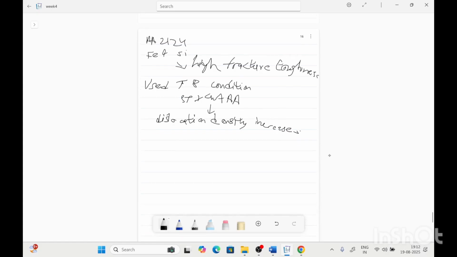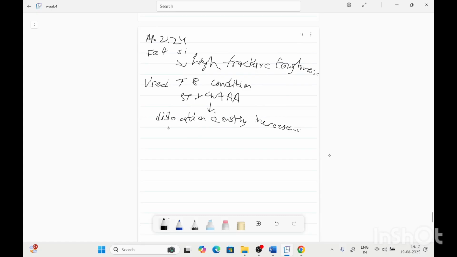As the dislocation density increases and the grain boundaries are also present, these dislocations and grain boundaries both act as heterogeneous nucleation sites for GP zones, for precipitates to form.